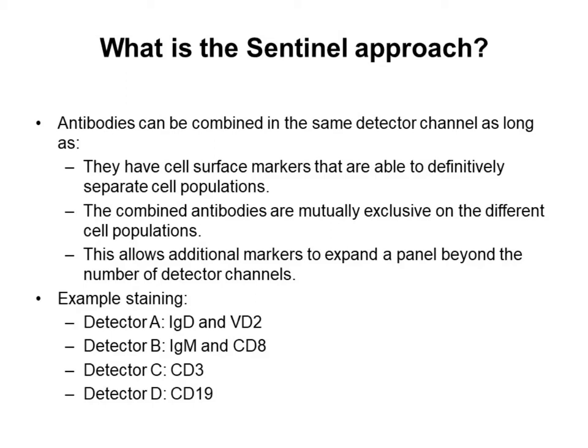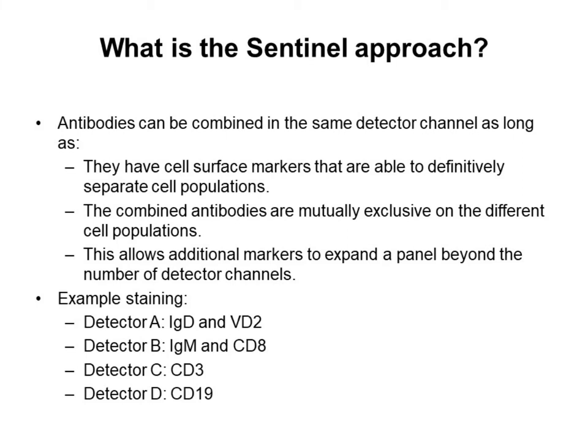So, for example, put in detector A IgD and V delta 2: V delta 2 for gamma delta T cells, IgD for B cells. Put in detector B IgM and CD8, in detector C CD3, and in detector D CD19.